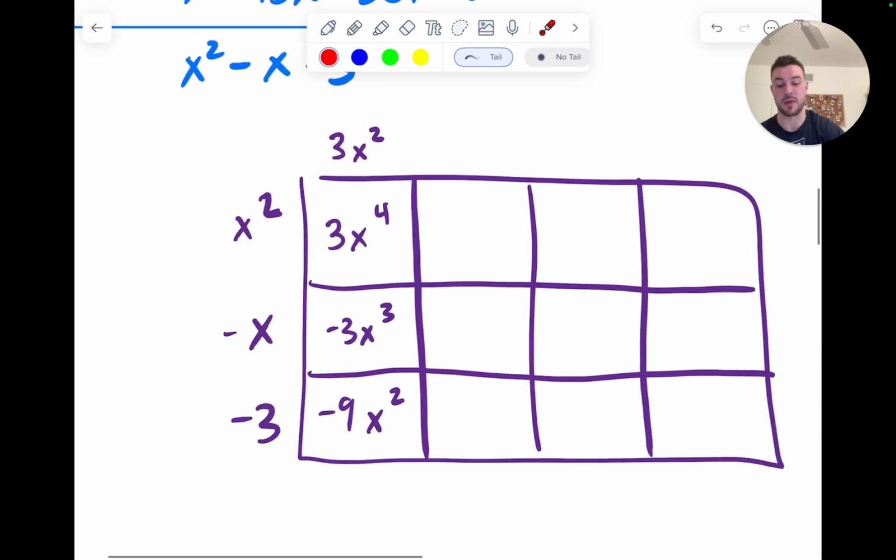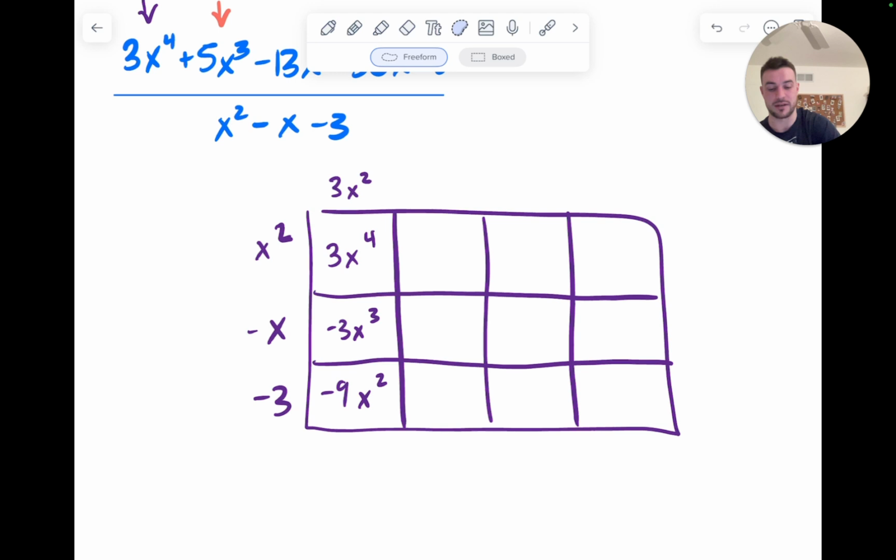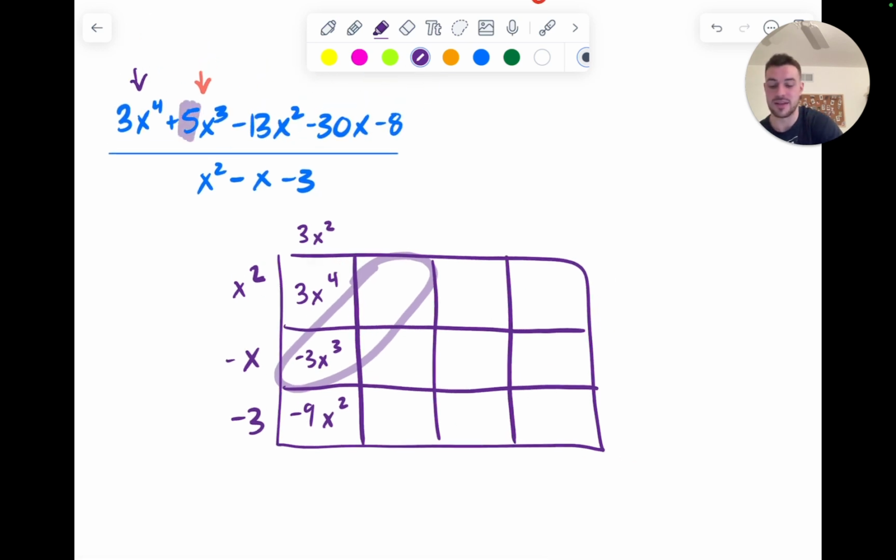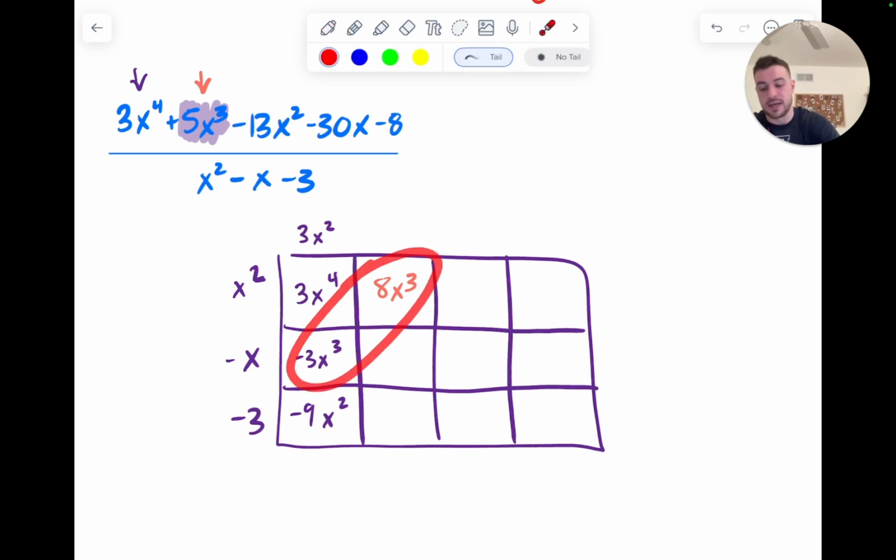So how this area model works is these diagonals right here, which I will highlight in purple, are going to need to add to that second term. So right now I've got negative 3x to the third, but I want a positive 5x to the third. So what that tells me is I need this top box to be an 8x to the third, because if I add these two diagonals, I get this.